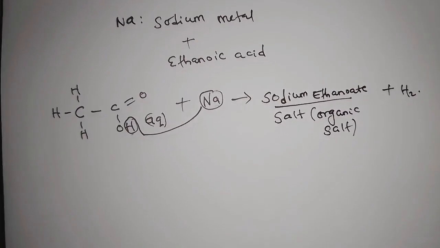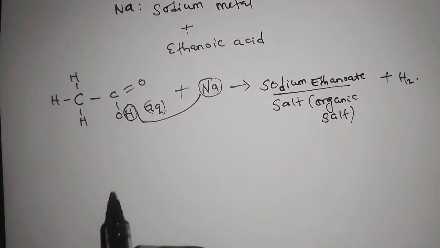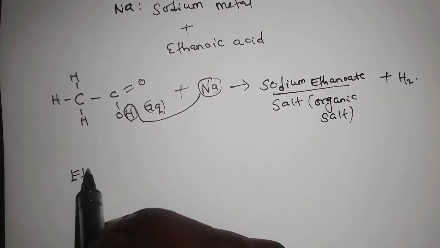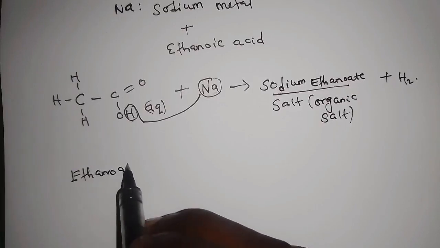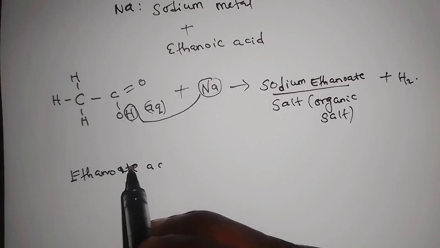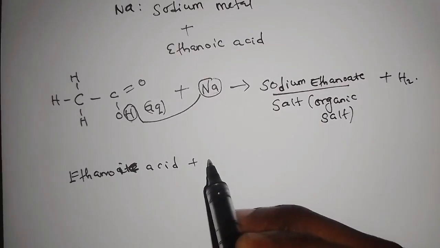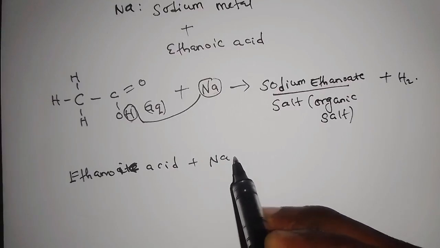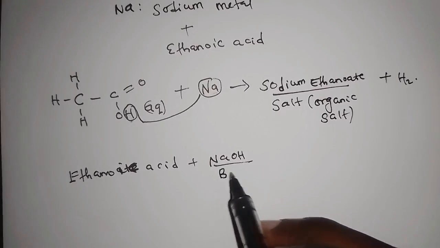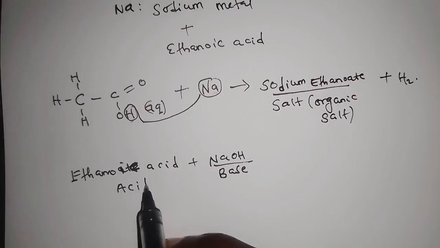Now, the most important equation that I want to show is this one, where we react ethanoic acid plus sodium hydroxide. So this is a base, then this is an acid.